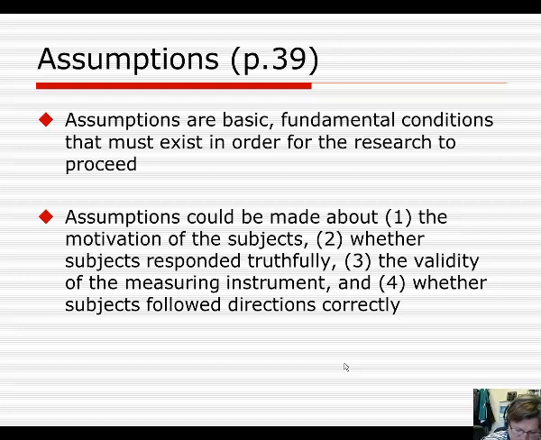The test instrument as modified was appropriate for the target population and was a valid and reliable measure of self-esteem. We're assuming that. The participants understood the directions as they were intended. The participants completed the self-esteem inventory to the best of their ability. The participants were a representative sample of adults with mental retardation who reside in the state of Iowa.